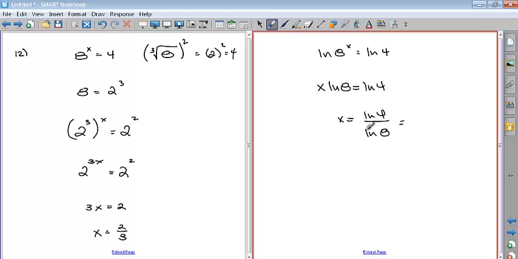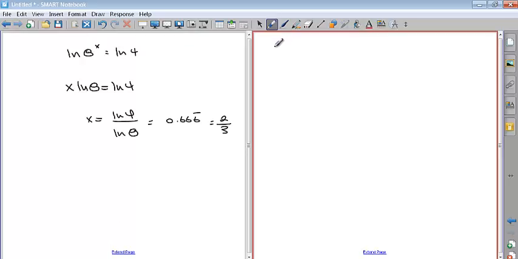If you do that in your calculator, you'll get 0.666, which is 2/3. So this is the easier way to solve these problems, but sometimes you can use more than one way.